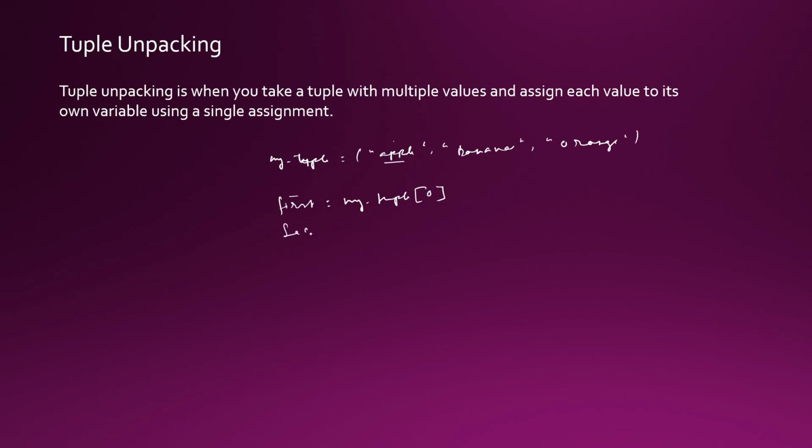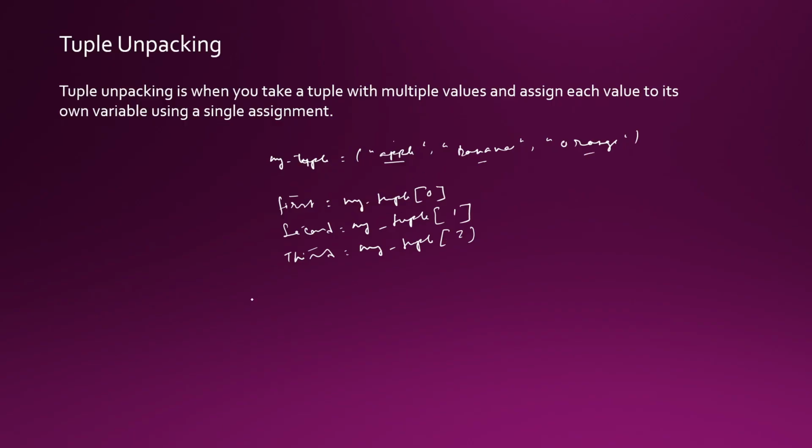Now I write second as my tuple at index position 1, and third as my tuple at index position 2. So automatically the first variable stores apple, the second stores banana, and the third stores orange. This is how we can assign each value to its own variable.